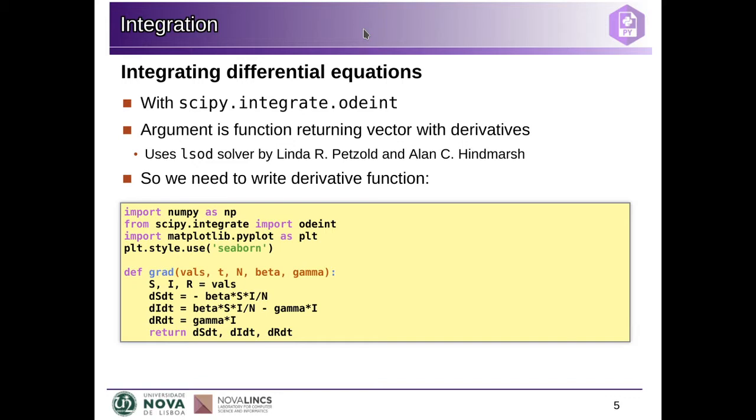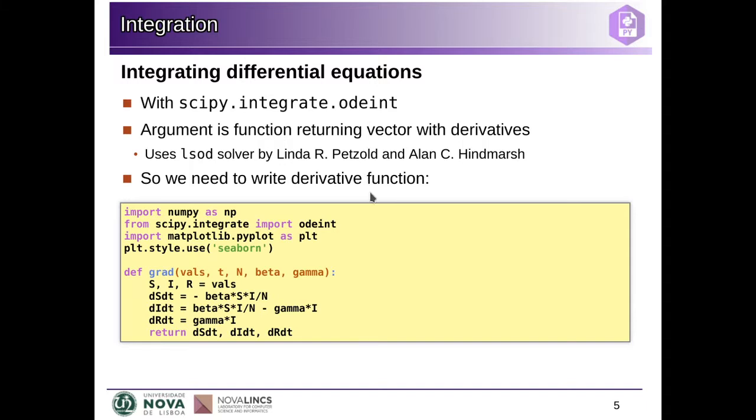So let's use the SciPy library. We're going to use the integrate module, and this has a function for integrating ordinary differential equations. So this sort of equations we are going to use to describe this model. And the argument you give to the integrator, this function, is a function that returns the derivatives.